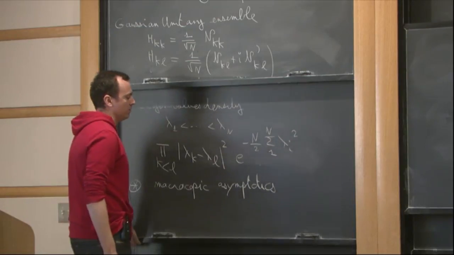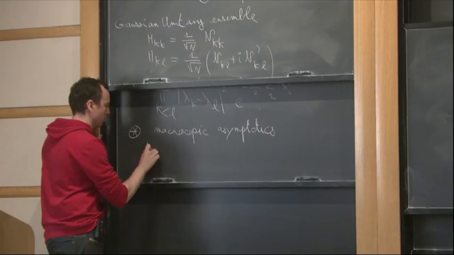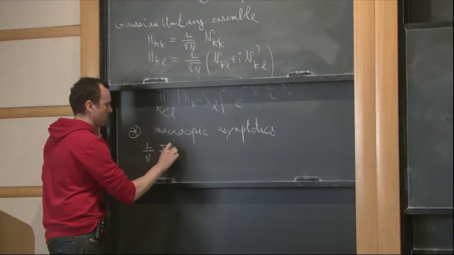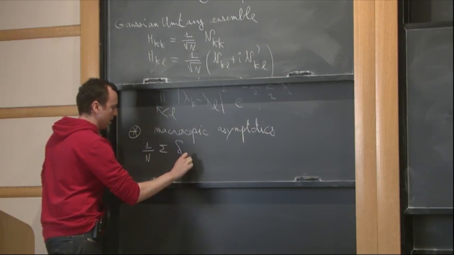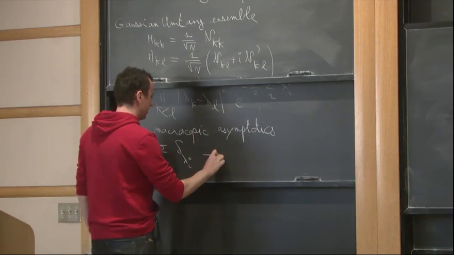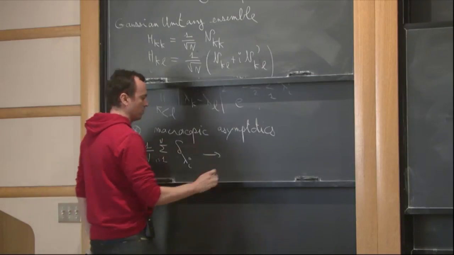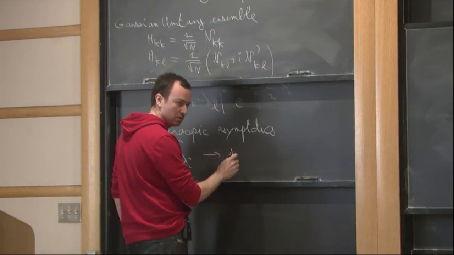And what you can prove is the following result. If you look at the so-called spectral measure, so the sum of Dirac masses at the energy levels, then it converges weakly to the so-called semicircle distribution.